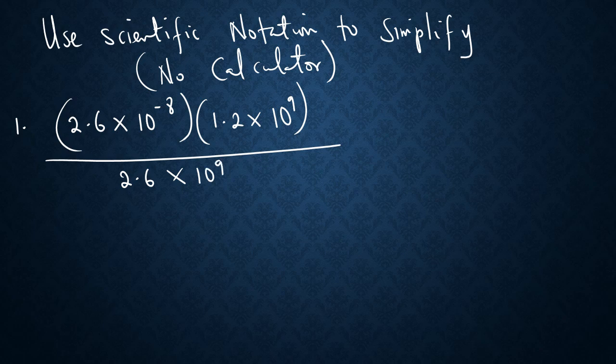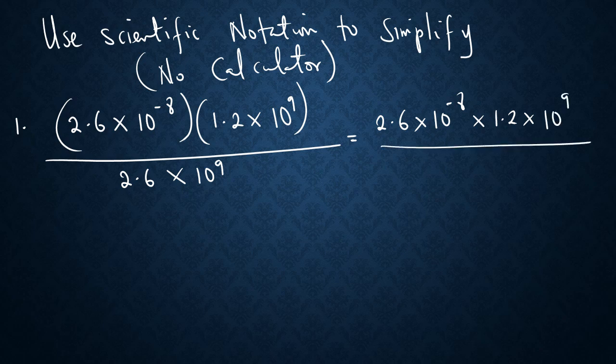All right, so first what we can do here is to look at everything here as multiplication. So I'm just going to rewrite that as 2.6 times 10 to the negative 8 times 1.2 times 10 to the 9 divided by 2.6 times 10 to the 9.